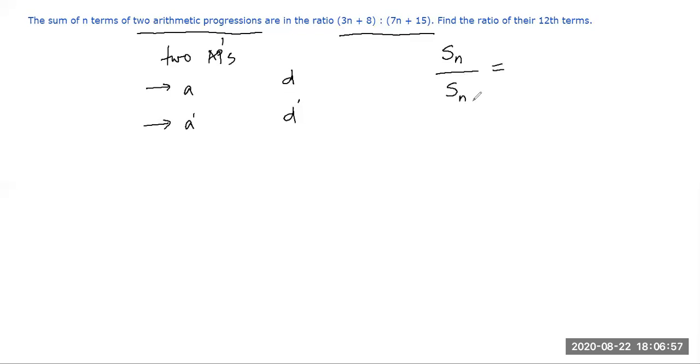Since n is the same, the number of terms is the same. So you can put a dash to show this is the sum of n terms of the second AP, and this is the sum of n terms of the first AP. I cannot put a dash here because n is the same. So this ratio is given as 3n plus 8 divided by 7n plus 15.